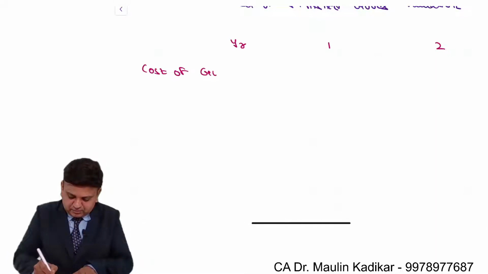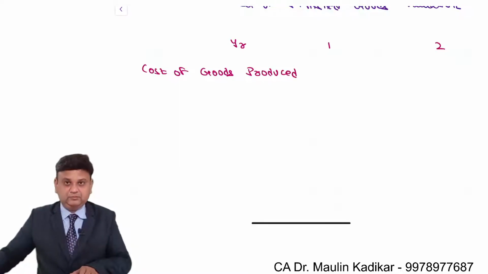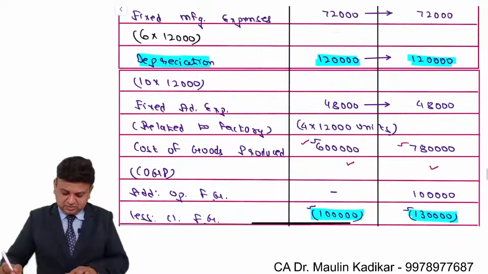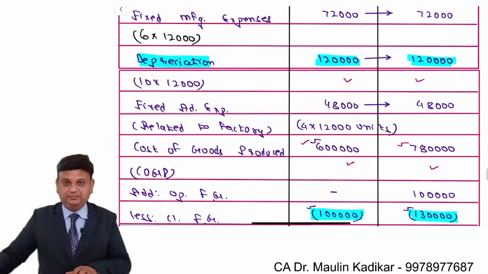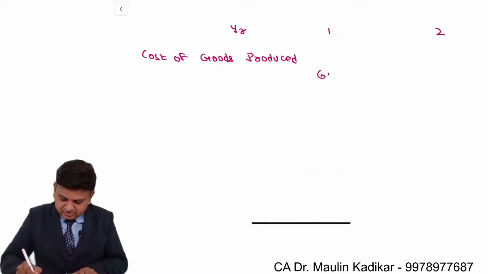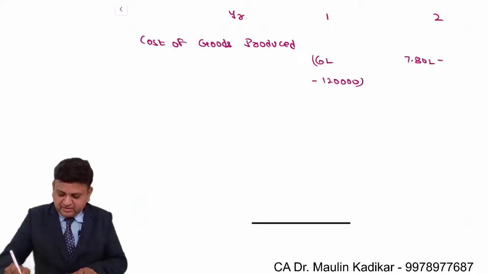Cost of goods produced is 6 lakhs and 7,80,000, which includes depreciation. 6 lakhs and 7,80,000 minus depreciation 1,20,000, again minus depreciation 1,20,000.